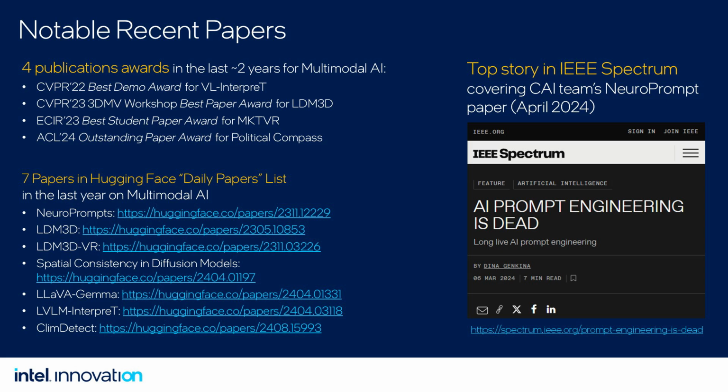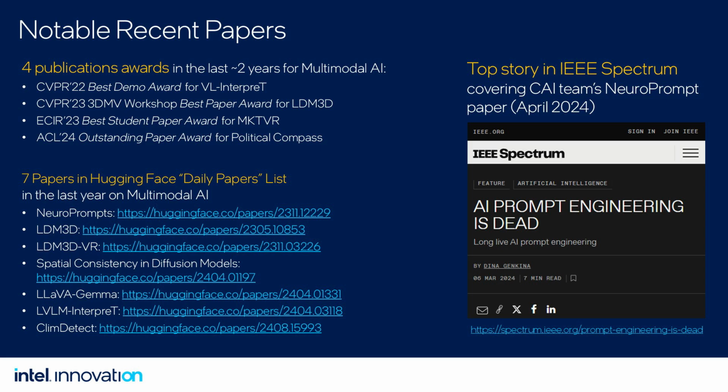As a practicing AI researcher myself, I like to follow Hugging Face's daily paper list to keep up with the latest and greatest papers that are coming out almost every day. And we've been very proud that 7 papers from our team have featured in this list over the last year or so.